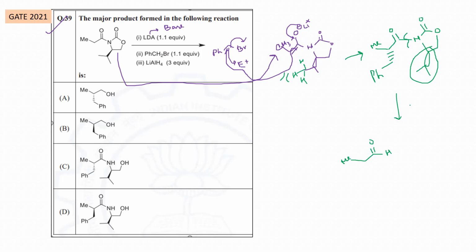LiAlH4 means hydride donor. That will attack here and break this amide bond.